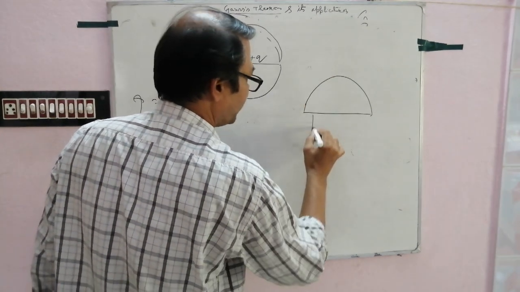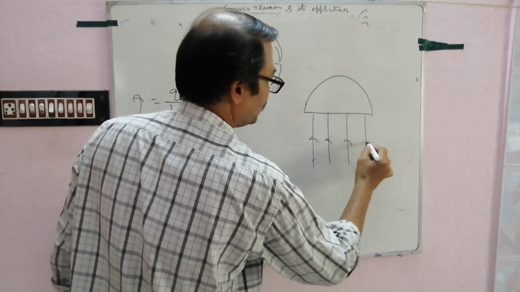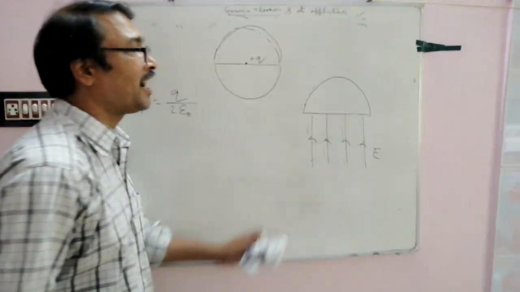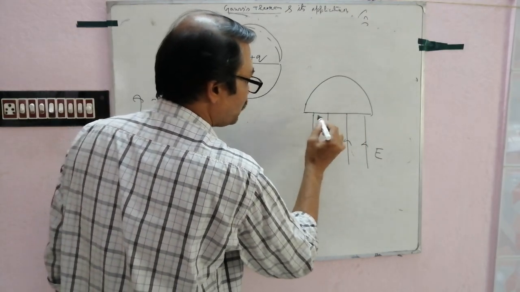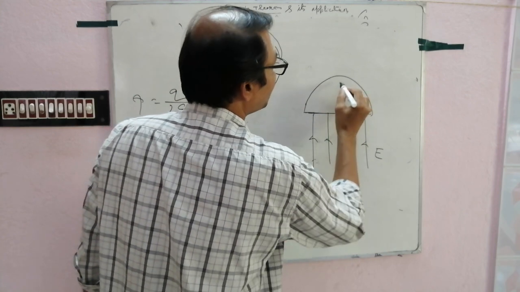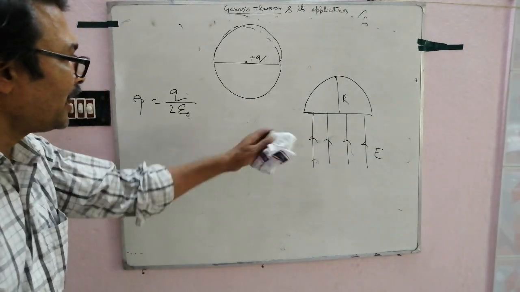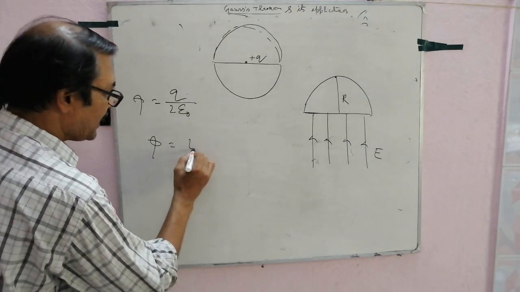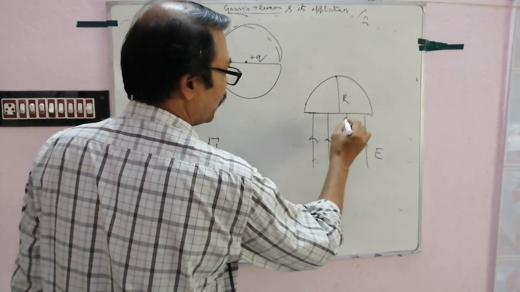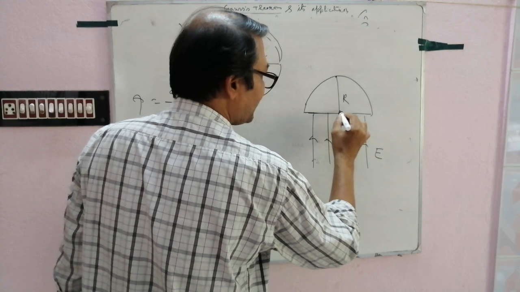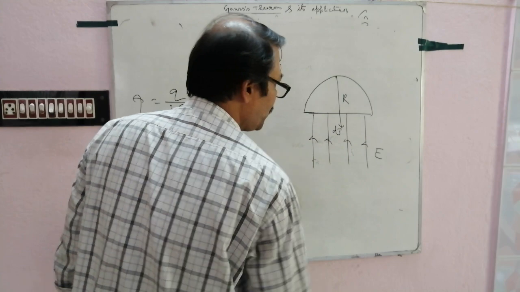Here is an electric field E. No charge inside the surface. Flux linked with this surface with electric field E. This is the radius R. So the total flux we know, phi equals E dot ds. Here E and ds, follow, the direction of E and the direction of ds are opposite to each other.